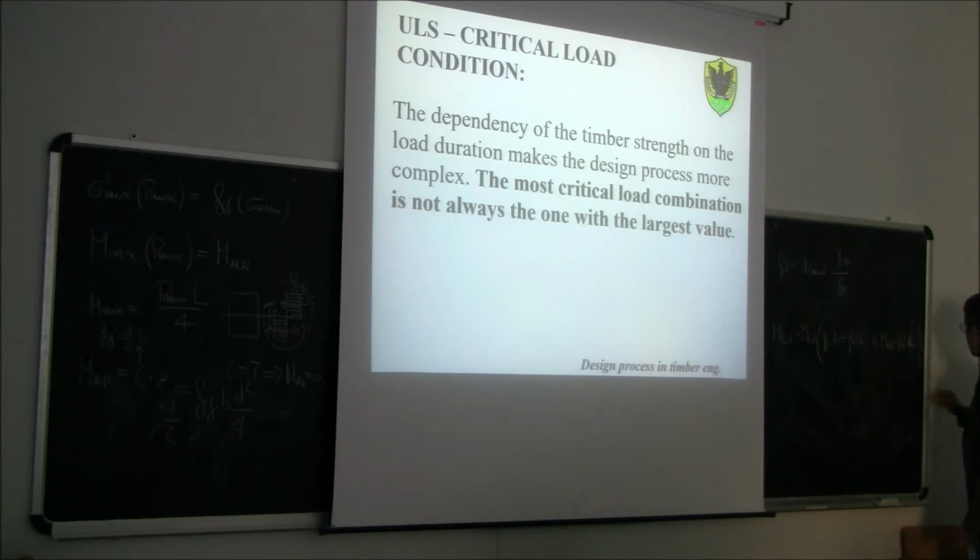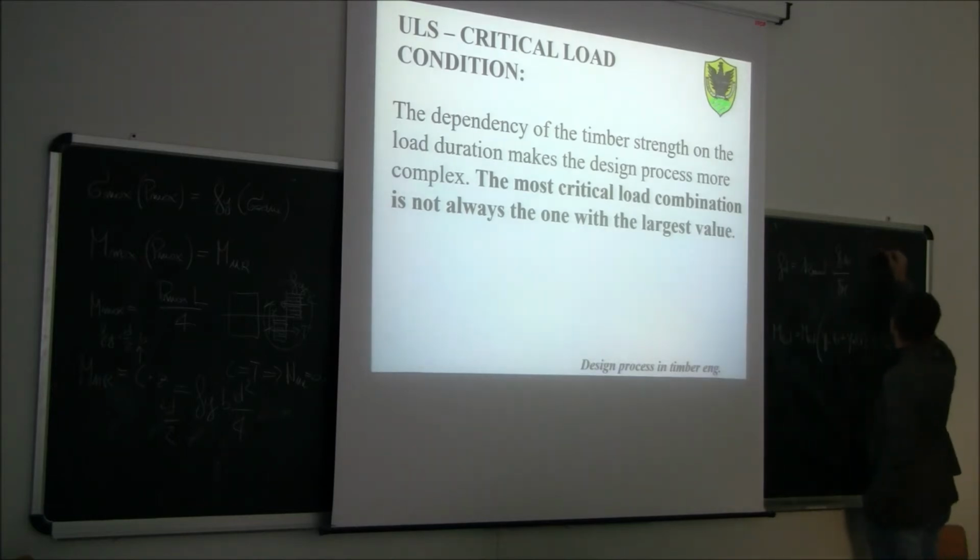Okay? So the bending moment demand depends, of course, on the load combination, but K mod also depends on the load combination. We said that for G, K mod would be equal to 0.6. And for Q, for example, K mod could be equal to 0.9.